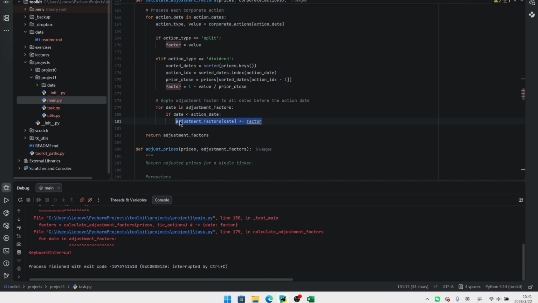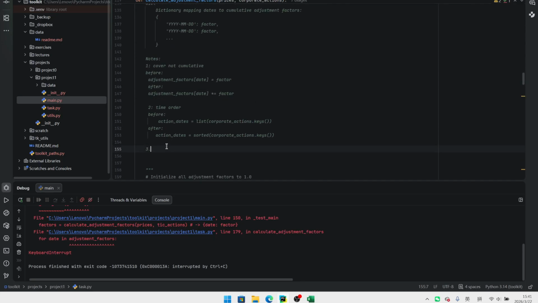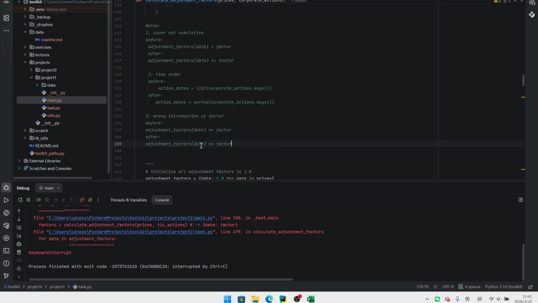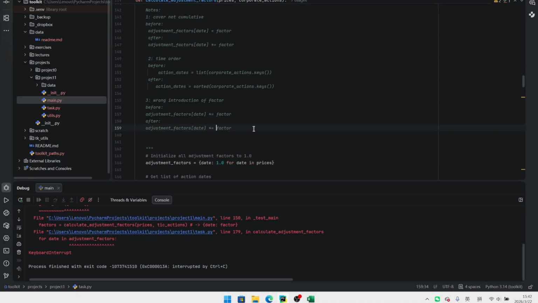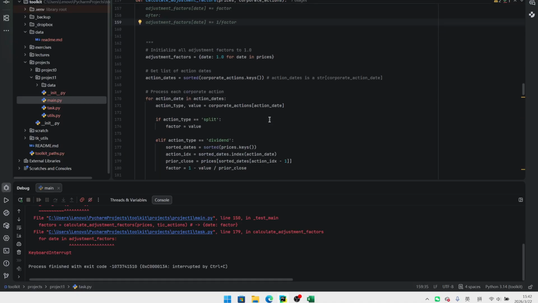Yes. Wrong introduction of factors before. So I got it, and after is 1 divided by factor.